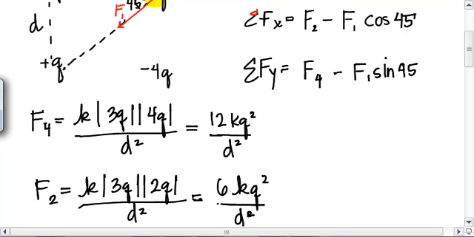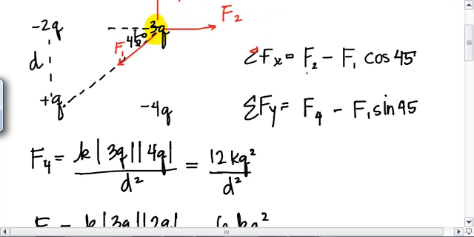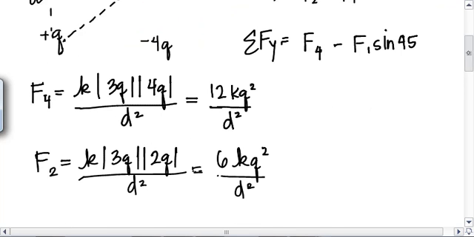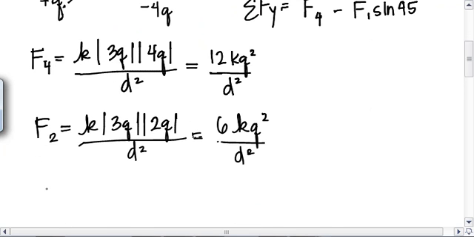Now what about the q in the bottom left-hand corner and negative 3q up here in the right-hand corner? What's their distance of separation? Do you remember how to find that diagonal length for a square? Use Pythagorean theorem, that's right. So what would it be?